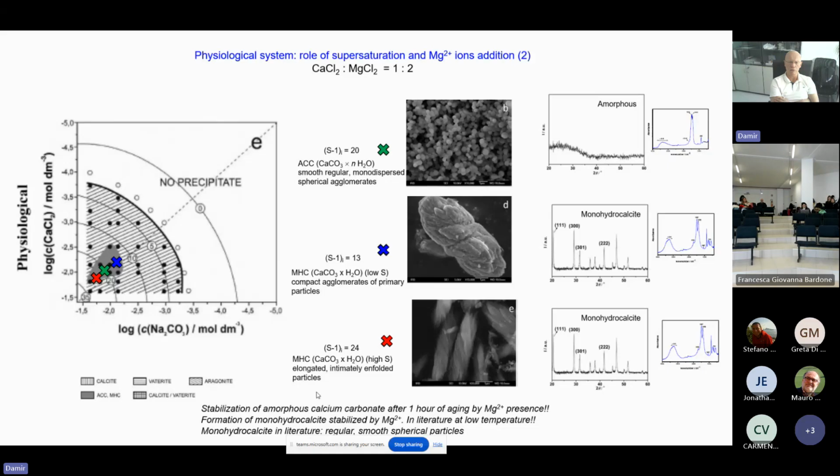Typically, monohydrocalcite is stabilized by low temperature. We didn't have low temperature, we had 25 degrees. And when we talk about the morphology of monohydrocalcite, this modification described in the literature typically precipitates in the form of regular and smooth spherical particles.